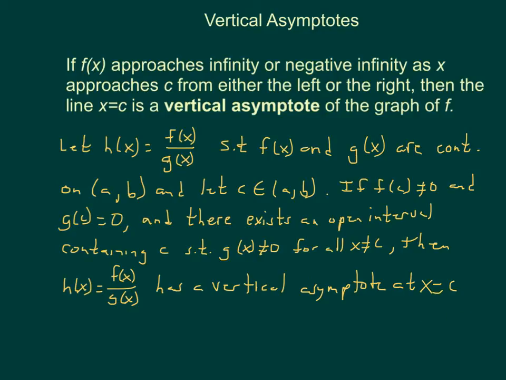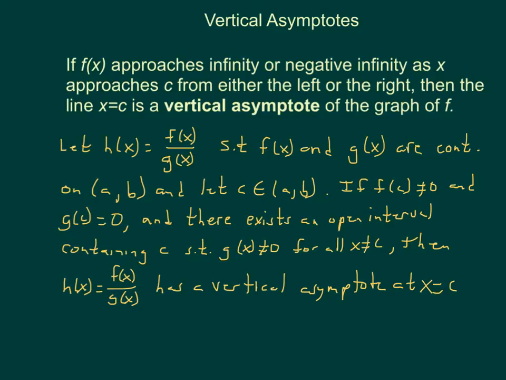Okay. So, in other words, if I have a function h of x, and it's a rational function, and I know that there's a spot where I can plug in a value for x in function g, and that will give me 0, as long as that's not part of a long stretch of zeros down there, that would mean we have a vertical asymptote.